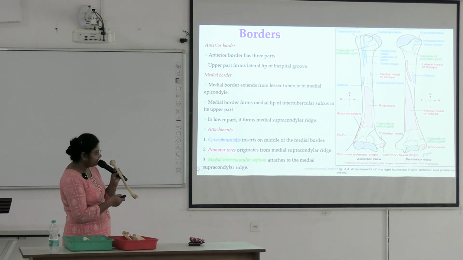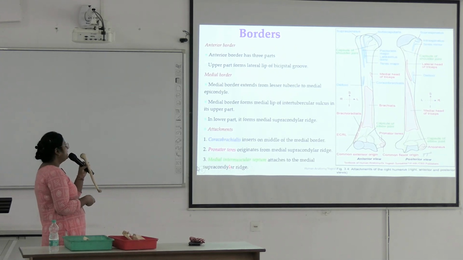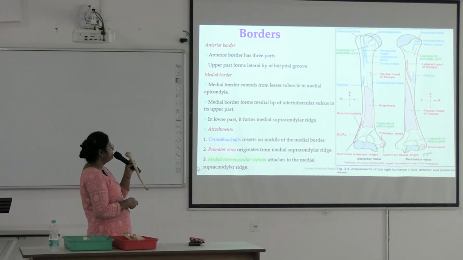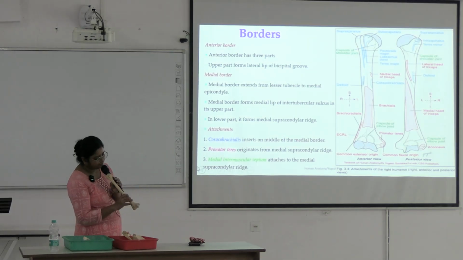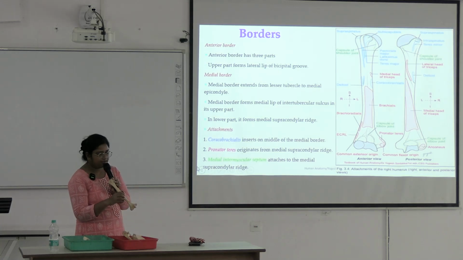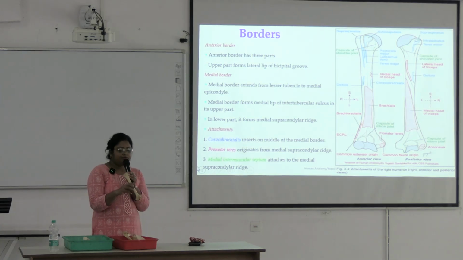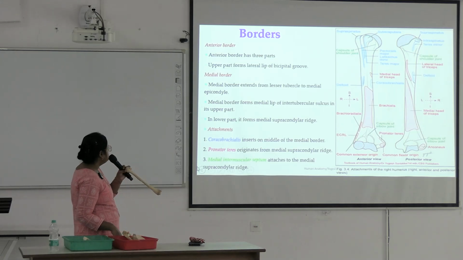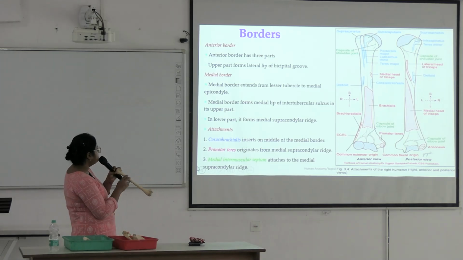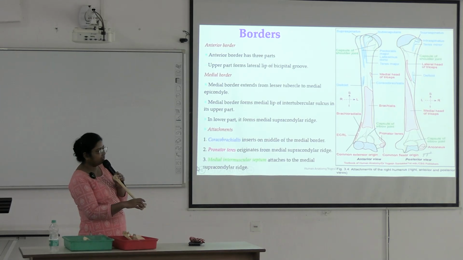Okay, now we go to the attachments. Coracobrachialis inserts in the middle of the medial border here. Middle of this border has a rough impression for insertion of the coracobrachialis. Next, pronator teres originates from the medial supracondylar ridge here.